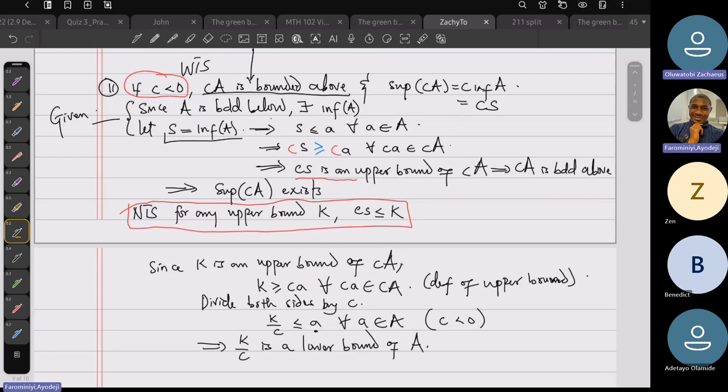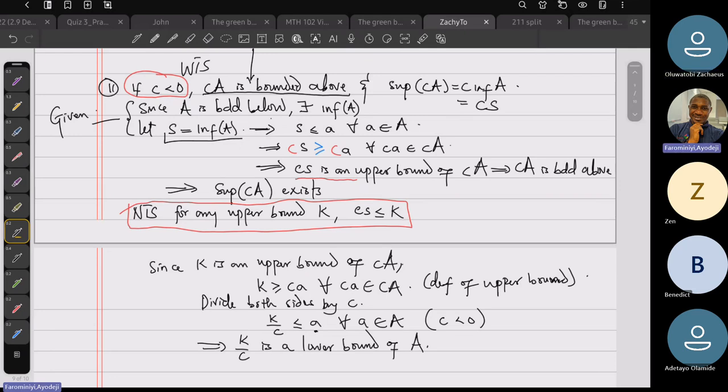Okay, so let me use lower bounds. So Neymar and C Ronaldo, for instance, if both of them are lower bounds of ancestral players, because C Ronaldo in that context is the greatest of his goals in that conversation, we will have that Neymar is less than or equal to C Ronaldo.